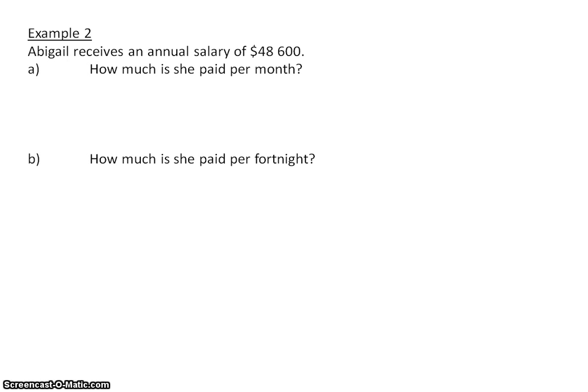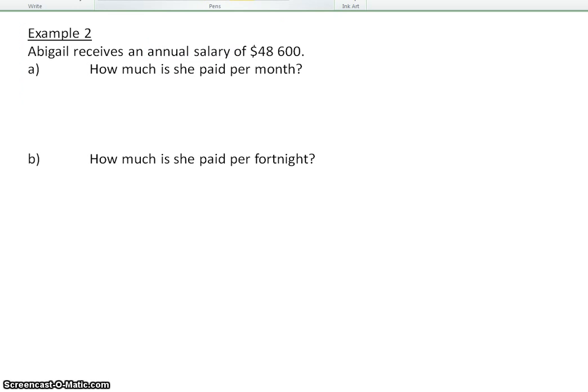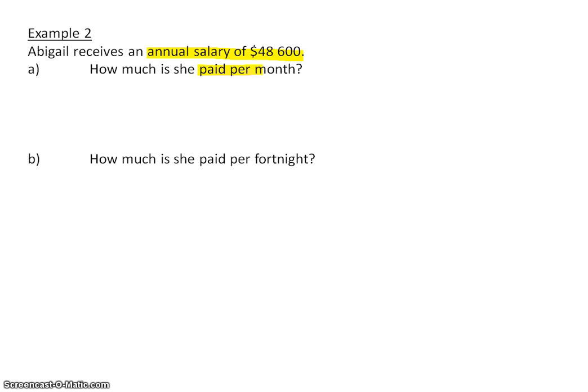Abigail receives an annual salary. The annual salary refers to how much she gets paid per year. Her annual salary is $48,600, and what we're interested in is how much she's paid per month.